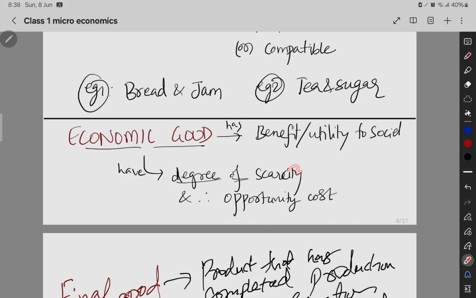It simply means that when you study the basics of economics, there is a scarcity of resources, and to gain something you will lose something, and what you lose is called opportunity cost. So economic good is any good having scarcity and opportunity cost, or goods that are utilized in the society.